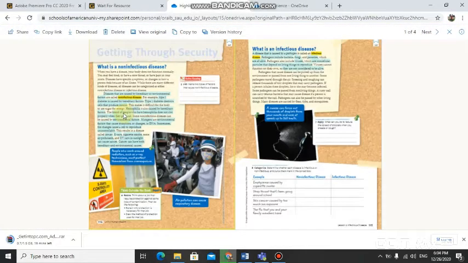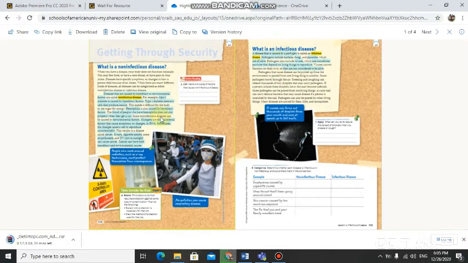Diseases can be classified into non-infectious diseases and infectious diseases. Non-infectious diseases are diseases that can't be spread from person to person and are caused by genetic factors, by environmental factors, and by substances that cause cells to mutate, such as UV lights and X-rays.